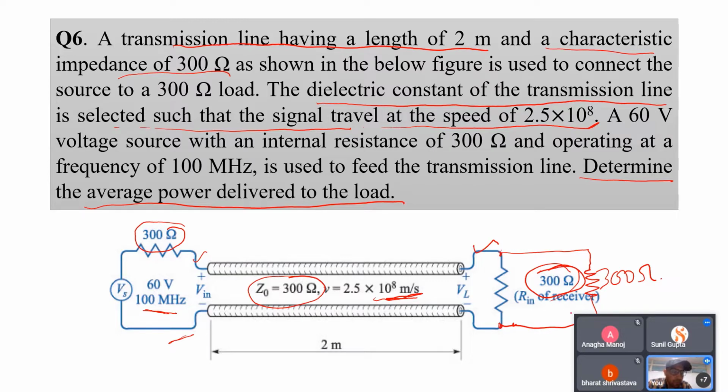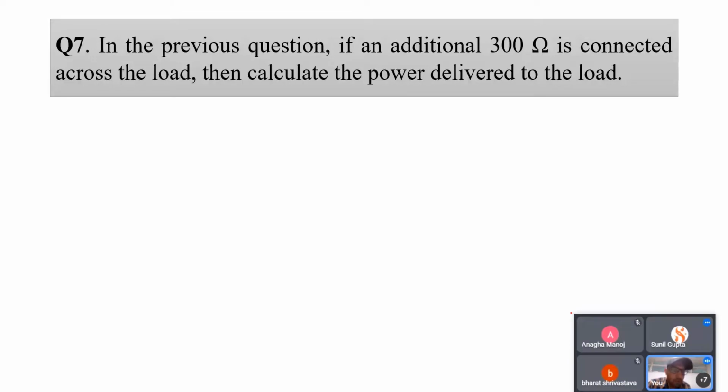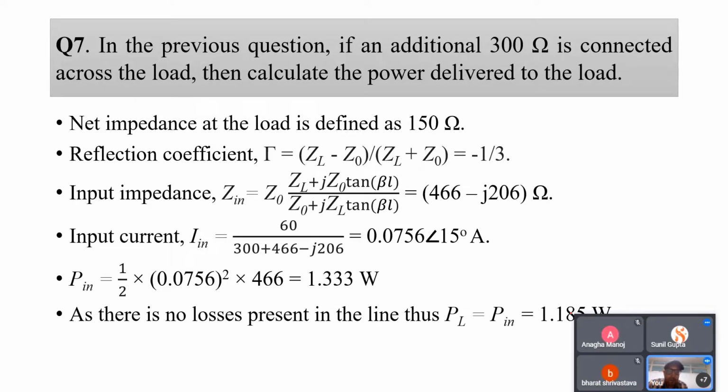How much power will be delivered to the load? That you have to calculate. First of all you have to find the value of the net impedance, which is the parallel combination of 300 and 300 ohm. So this will be a single resistor of 150 ohm.